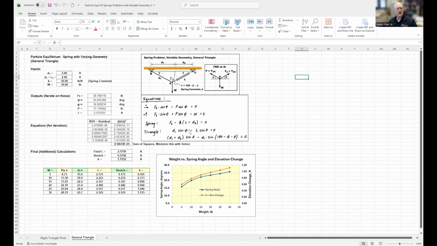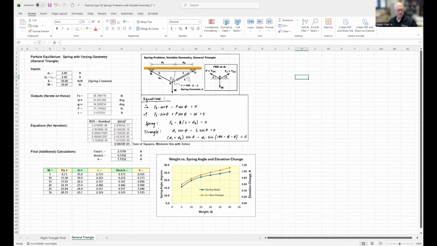Well, I can write law of sines. You know law of sines. Law of sines is, the sine of an angle divided by the opposite side is equal to the sine of another angle divided by the opposite side. And so for this triangle here, I can say that sine of phi over L is equal to sine of theta over D1.